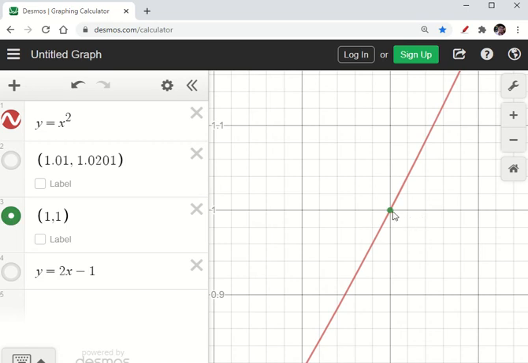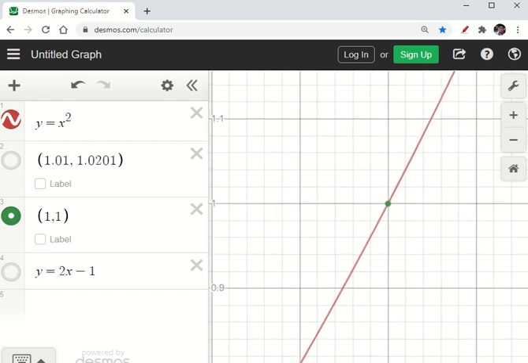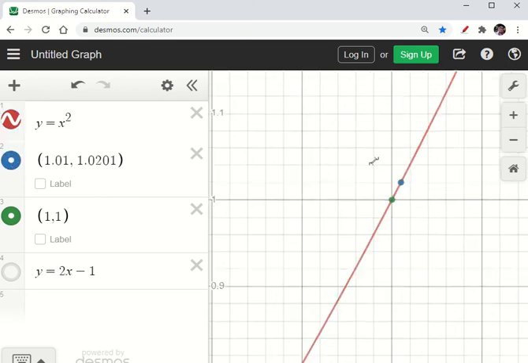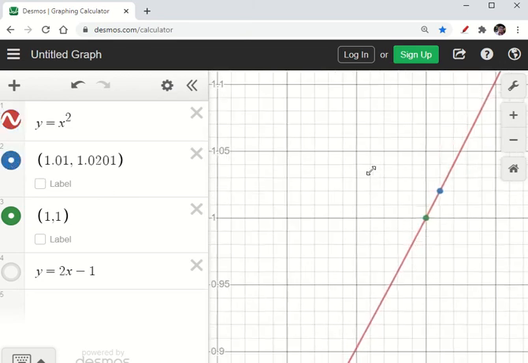Let's say we take this point, which is (1, 1), and we take another point very near to it, 1.01. We further enlarge it.